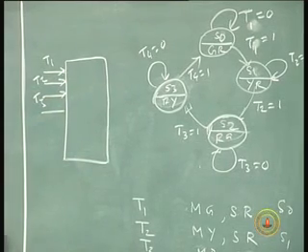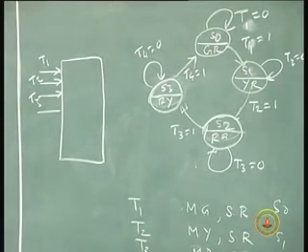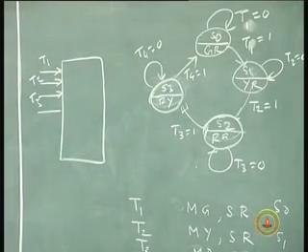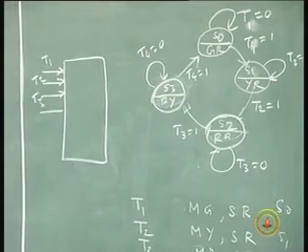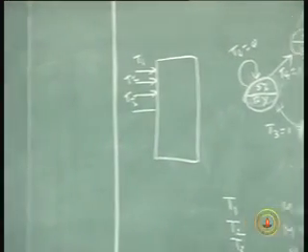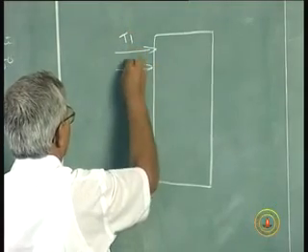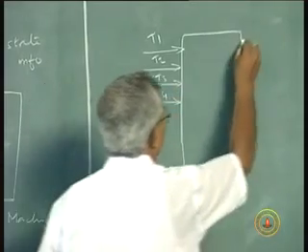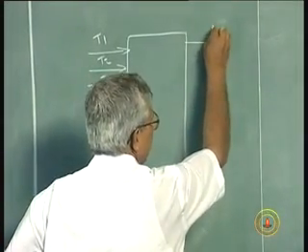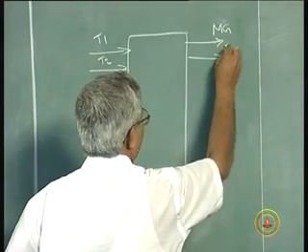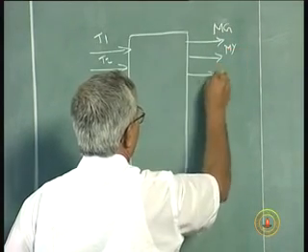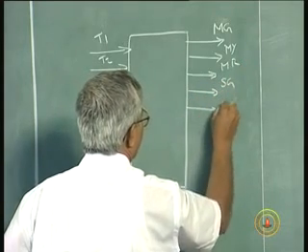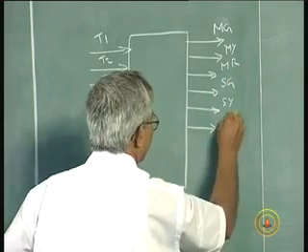I need some more space for this. I will do it here. And I need outputs, there are external outputs called MG, MY, MR, SG, SY, SR. These are the 6 lights I need.